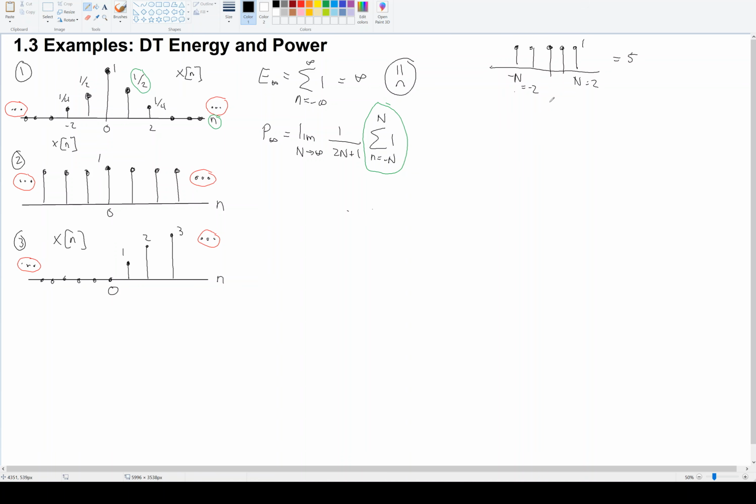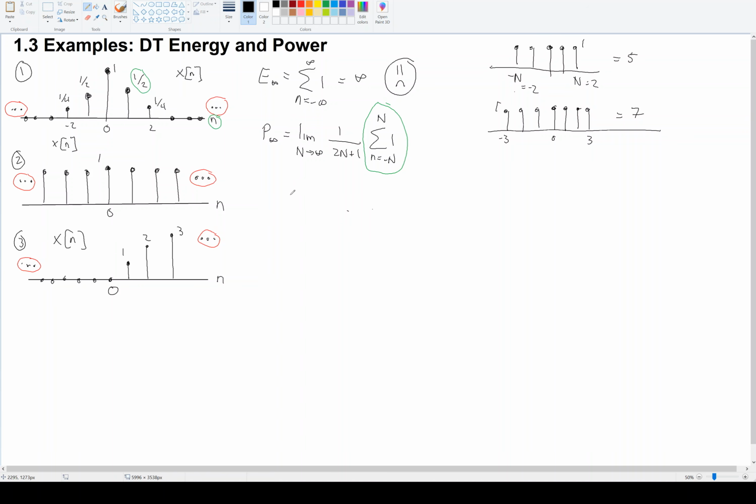When n is 3, so if I extend to 3 there and minus 3 on the left, then how many 1s am I adding? Well, I'm adding 1, 2, 3, 4, 5, 6, 7. My sum is 7.